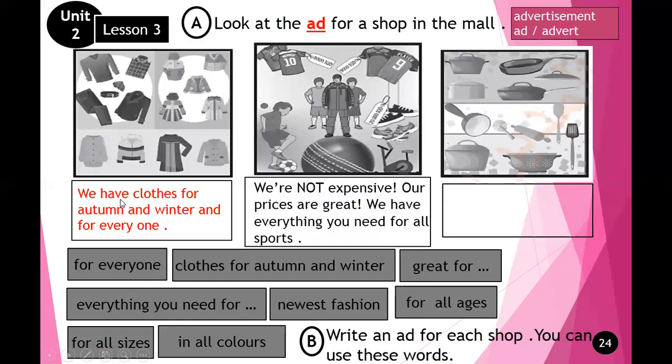We said we have, which we wrote ourselves, clothes for autumn and winter. We took this phrase from exercise B and used it in writing the ad. And for everyone, as you see, different clothes for different people: women's fashion, men's fashion, children's fashion.